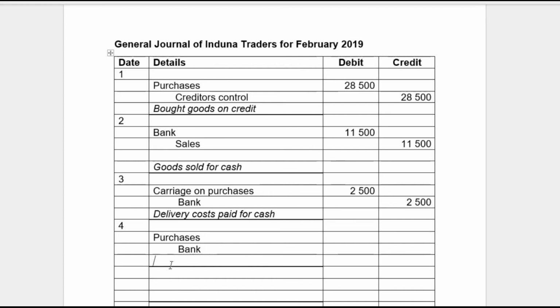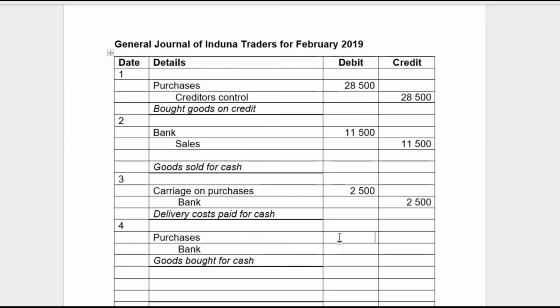And then your narration will be goods bought for cash. And then how much did you purchase for? For 35,000.